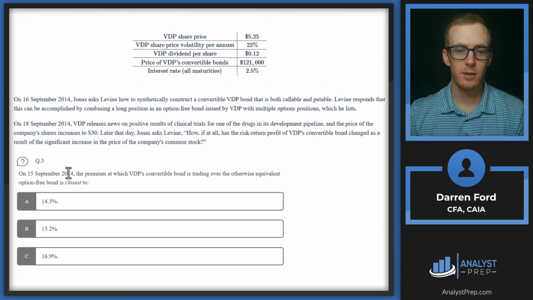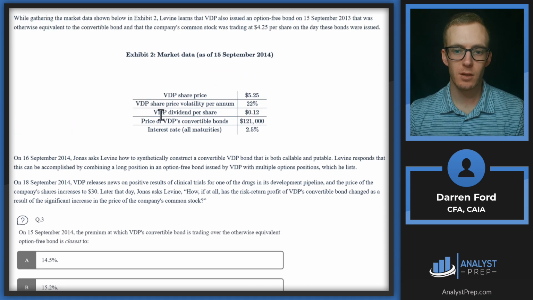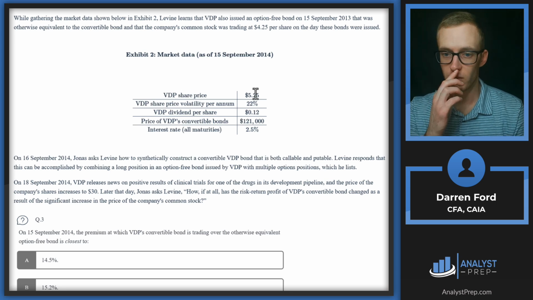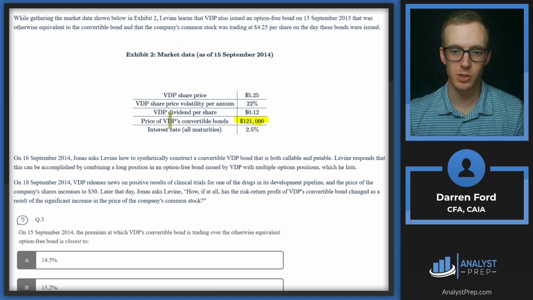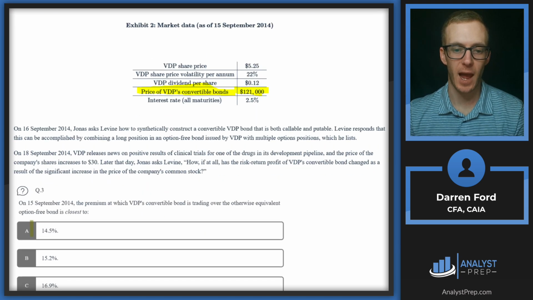Question 3. On September 15th, 2014, the premium at which VDP's convertible bond is trading over the otherwise equivalent option-free bond is closest to. For this question, we've read through Exhibit 2 already, which has all the information we're going to need. Basically, we need to take this 121,000 number, which is what we're priced at right now, and ask what the premium of that is over the option-free bond.